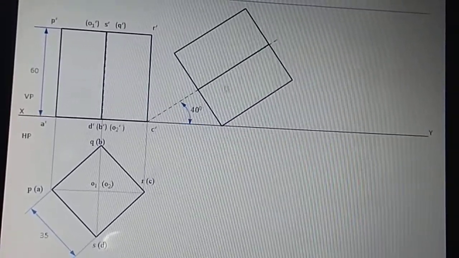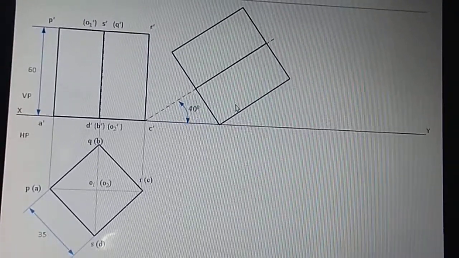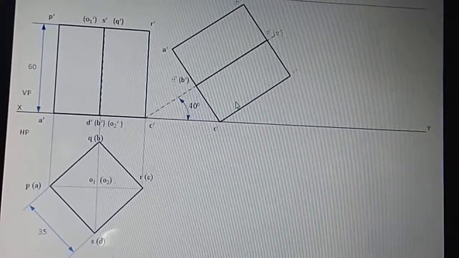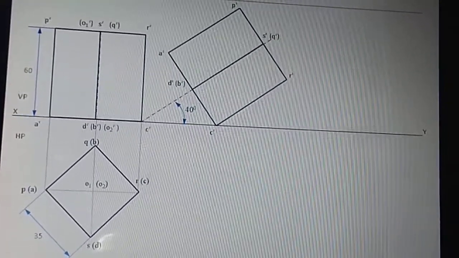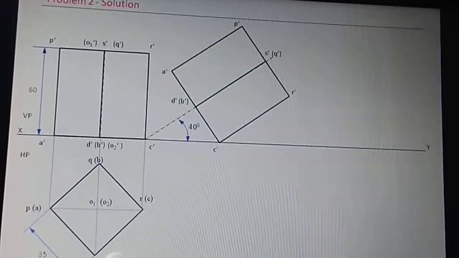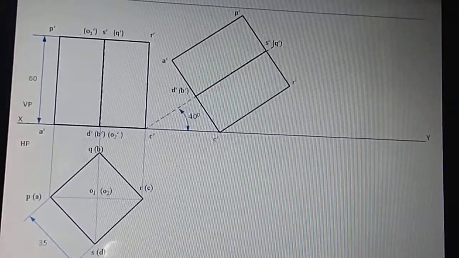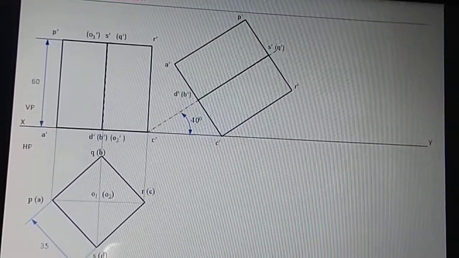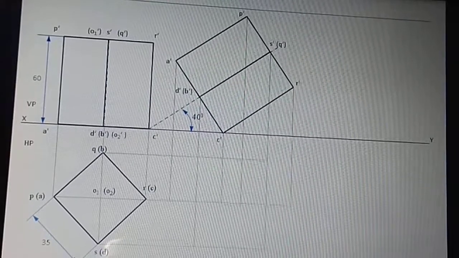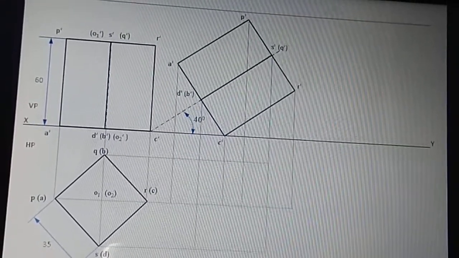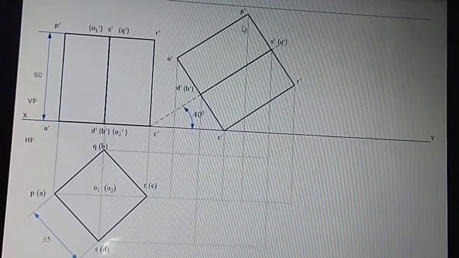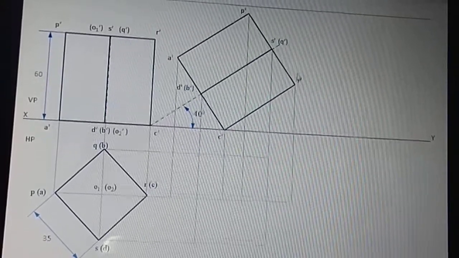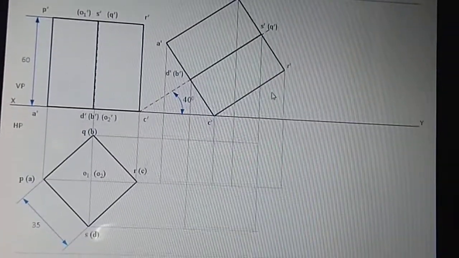You just have to tilt this axis to make an angle of 40 degrees. Then you transfer all the labels whatever you mentioned in the first position front view. Then you project lines in the downward direction from each and every corner of this front view.